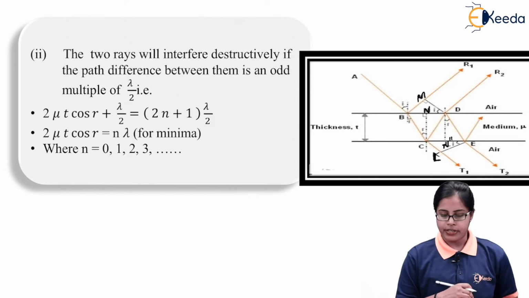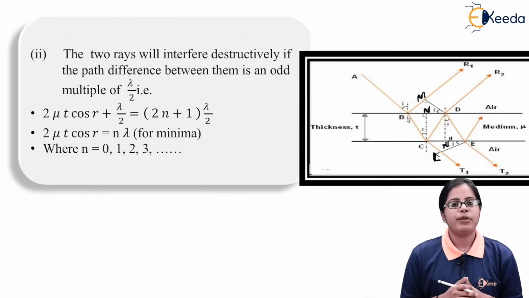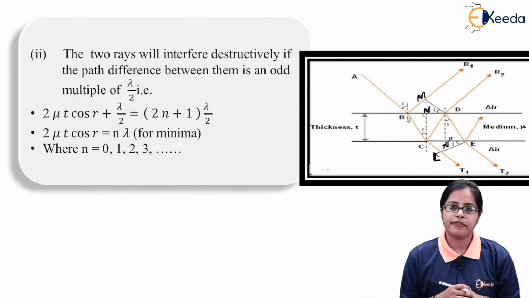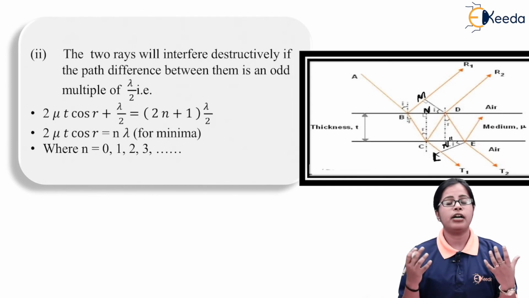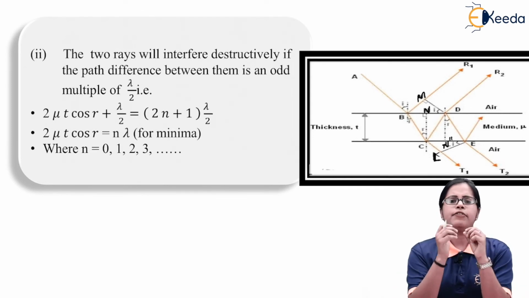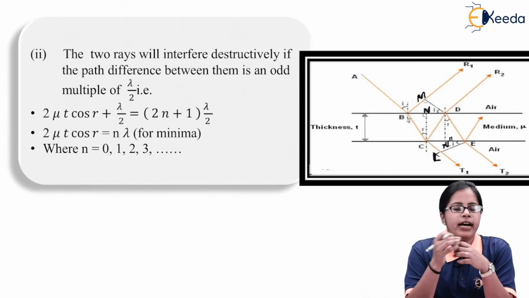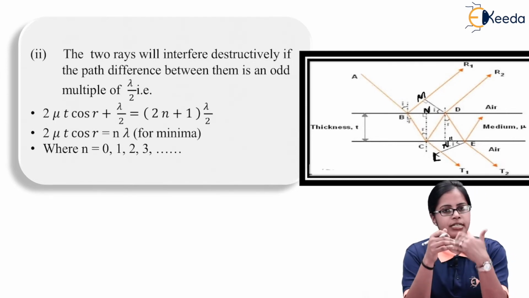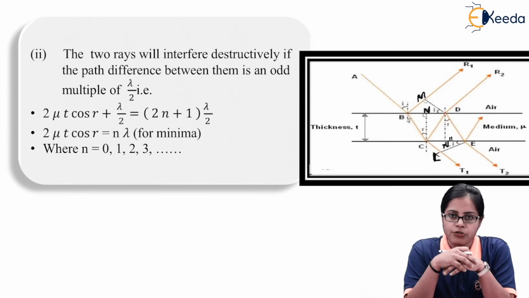Next, when we talk about destructive interference, that is the rays which are undergoing destructive interference. So I said if BR1 and DR2 undergo constructive interference, the above is the condition which we are going to use.